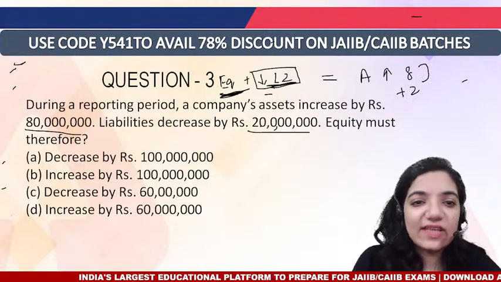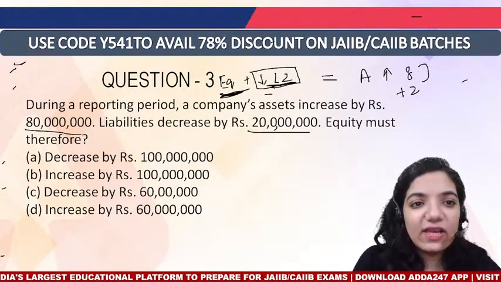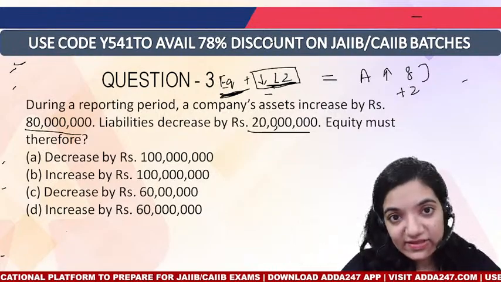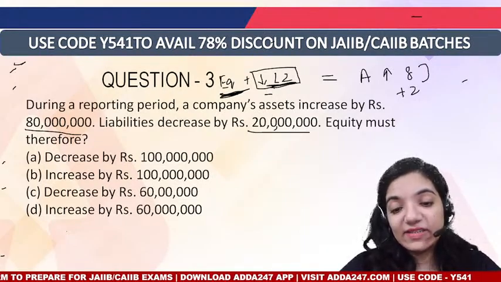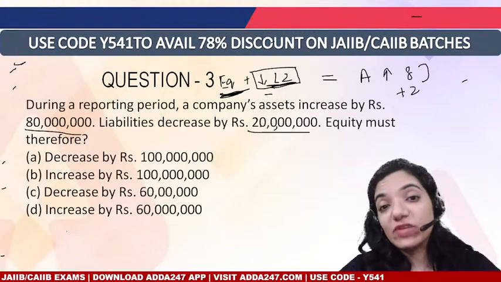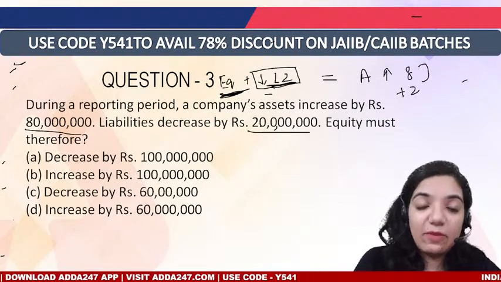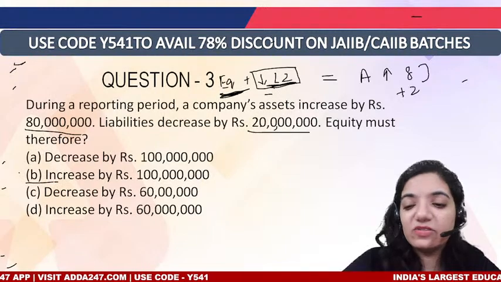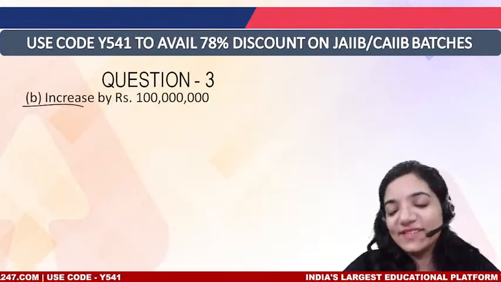That means there is an increase in equity if the organization has bought more assets and has paid off its liabilities. It means it has enough money in its own pockets to purchase more assets and at the same time pay off its liabilities. So in this case, the correct answer will be an increase by 1 crore. Right? This is for the equity.